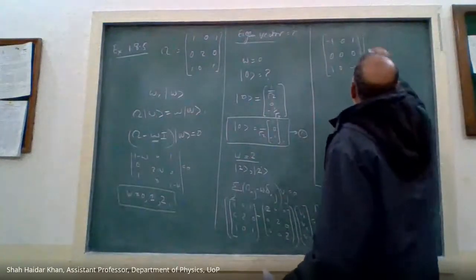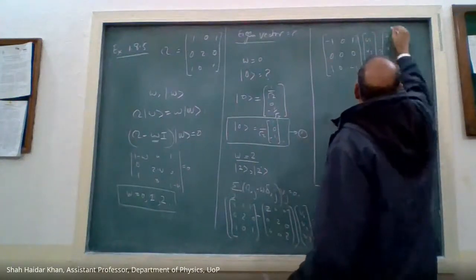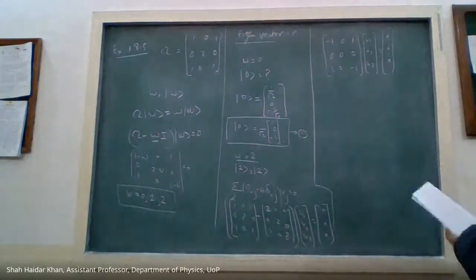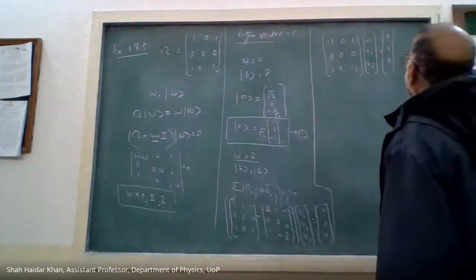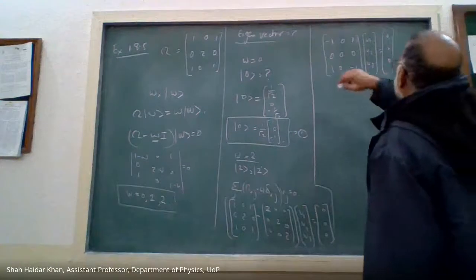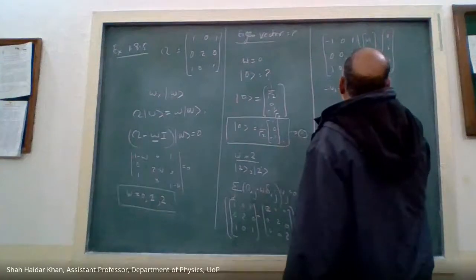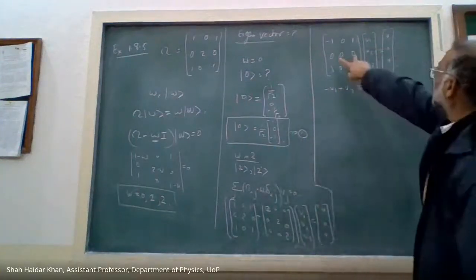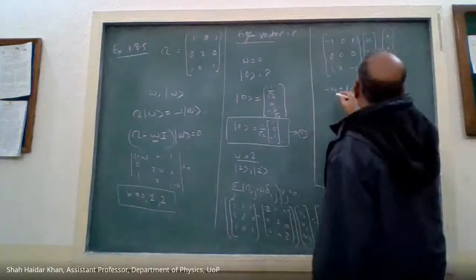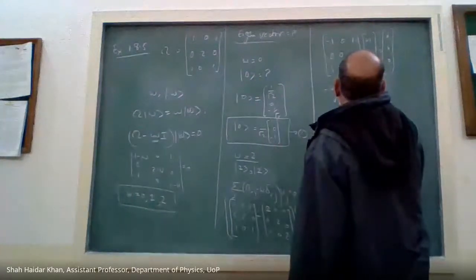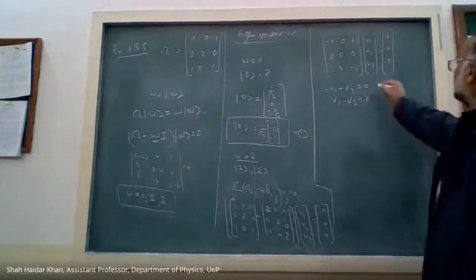And V1, V2, V3 is equal to 0, 0, 0. Now this gives us three equations, generally. But let us see the situation here. It is minus V1 plus V3 is equal to 0. The middle row gives us nothing, it is meaningless. The last is V1 minus V3 is equal to 0. Right? So this is the same thing.